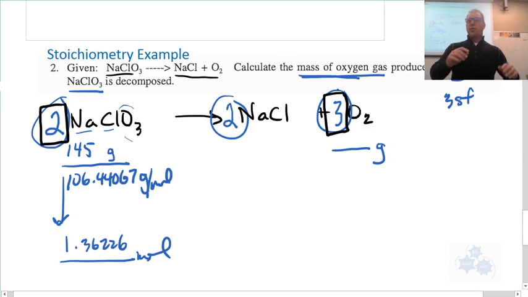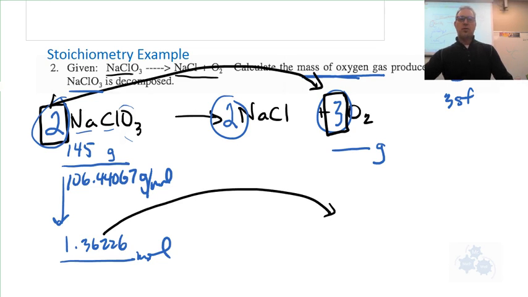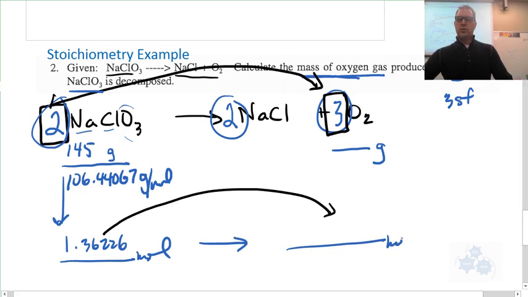The ratio of moles of sodium chlorate to oxygen in this equation is 3 oxygens for every 2 NaClO3s. So I have to make sure that this ratio of 2 to 3 is the exact same down here. And so what you have to do is convert this to moles of O2.